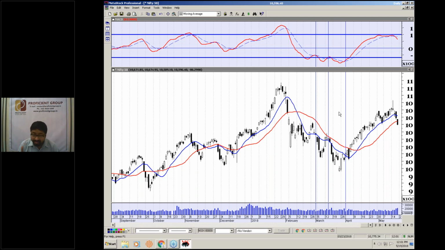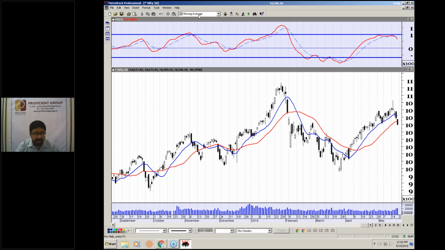But if you employ this kind of strategy, then you will be able to eliminate all these whipsaw signals, because these whipsaws occur only in the vicinity of the zero level. Any signal coming in the vicinity of the zero level has a greater potential to be a false signal, right? So this is the first kind of signal from MACD that you can get.